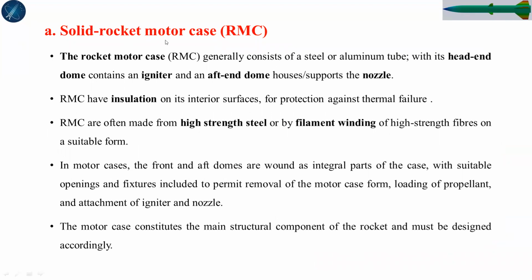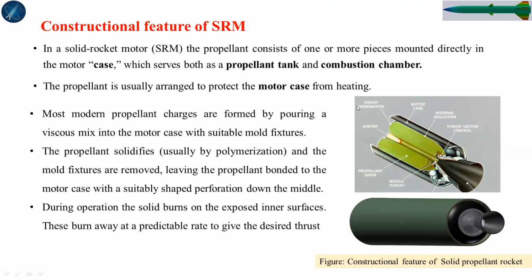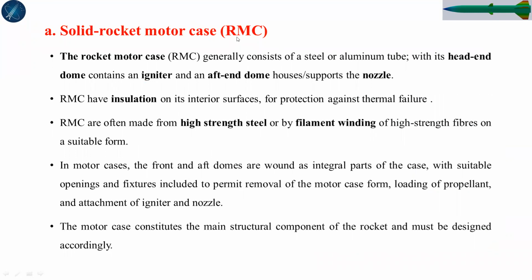The solid rocket motor case is one of the components. We will see these structural components one by one. Motor case, we call it RMC. RMC means rocket motor casing or case, the outer cylindrical shell.